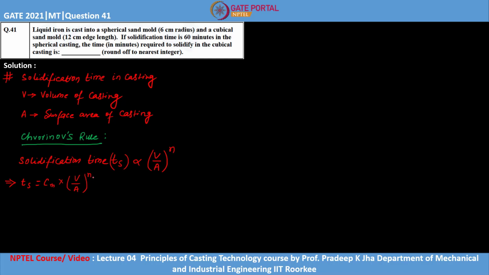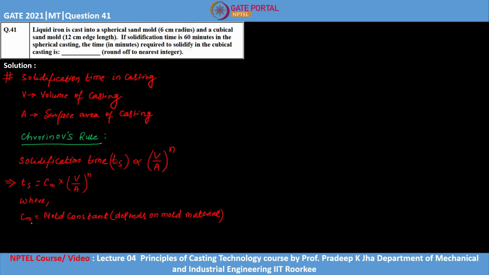power n, and Cm here is the proportionality constant, also known as mold constant. It is dependent on the mold material, what type of material you are choosing for your mold, what its thermal properties are, as well as what type of material it is made up of.